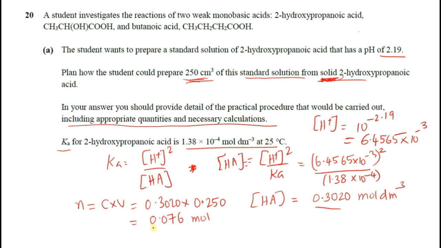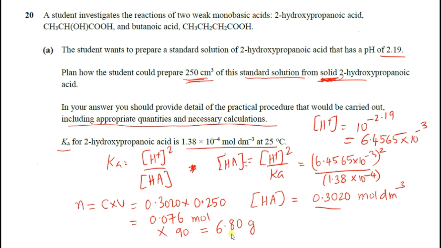We need to convert that to grams now. All you need to do, you've got the moles, you just have to multiply by the formula mass of 2-hydroxypropanoic acid, Mr. Formula mass is 90, and that will give you the mass of this solid acid that you're going to take.